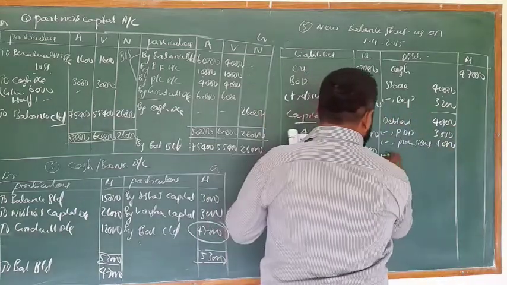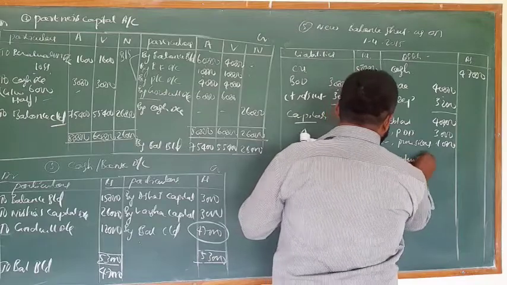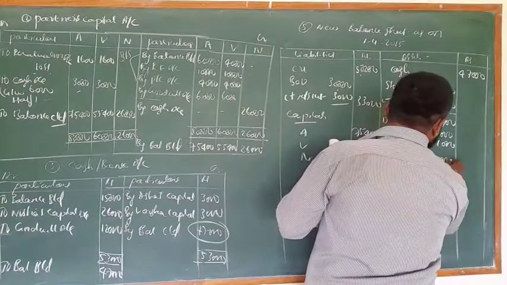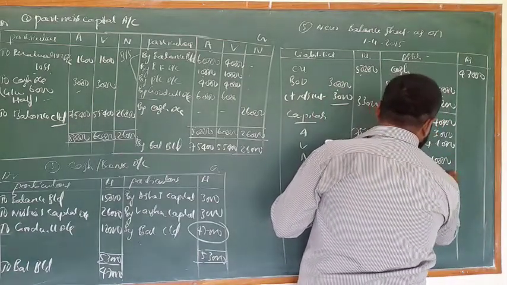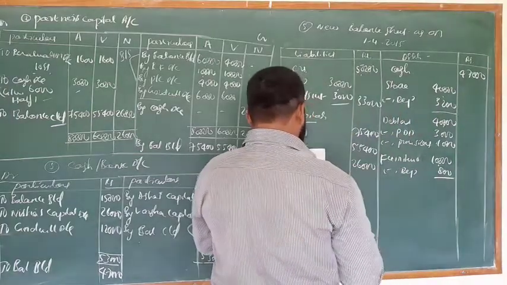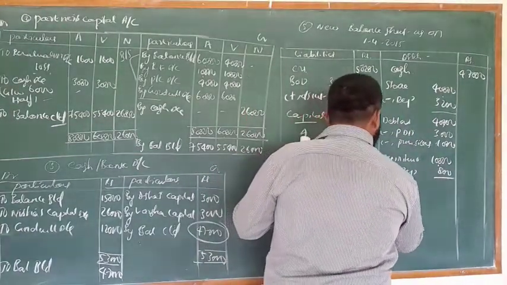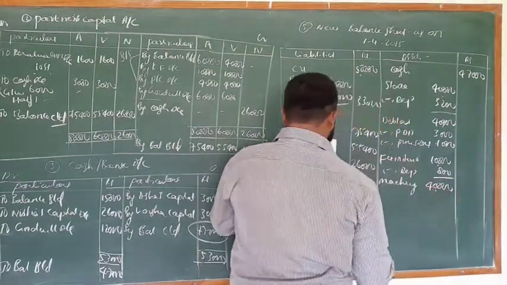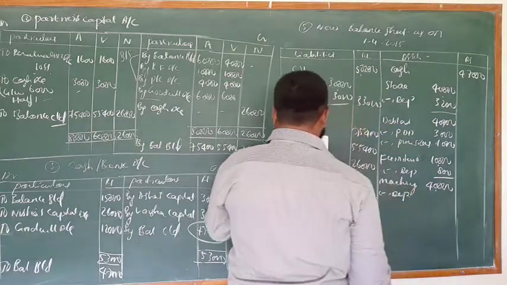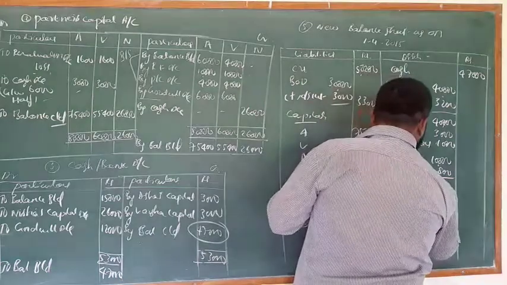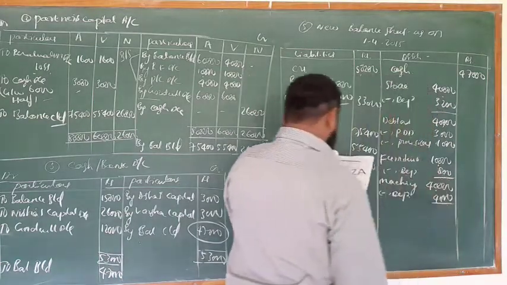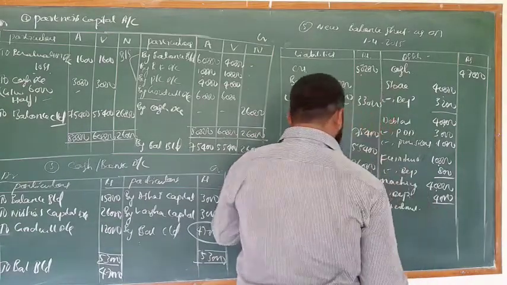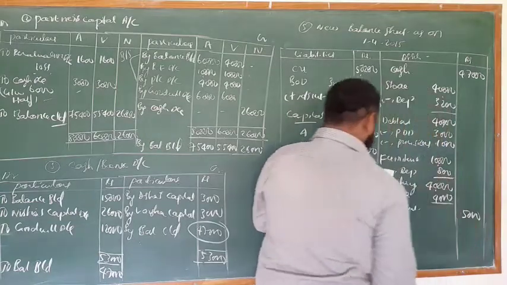Next, furniture. Furniture 10,000 less depreciation 800. Next, machinery. Machinery 40,000 less depreciation. So machinery depreciation is 4,000. Next, investment. There is no adjustment, same amount 5,000 in the outer column.